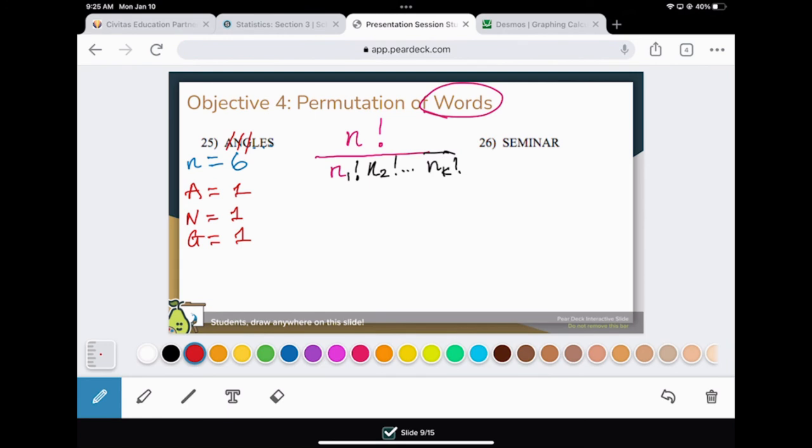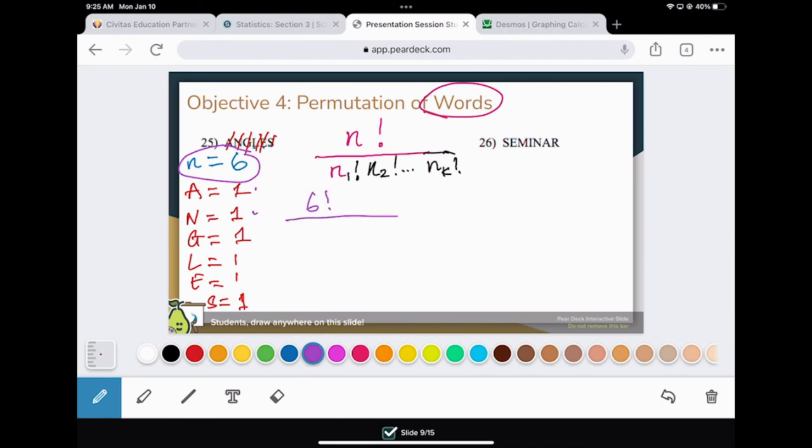Okay, so L is 1. E is also 1. S is also 1. So for this problem, all of them are just a single letter. I'm counting this as one of each. So here's how I'm solving this one. N, I have 6 of them, so n factorial.